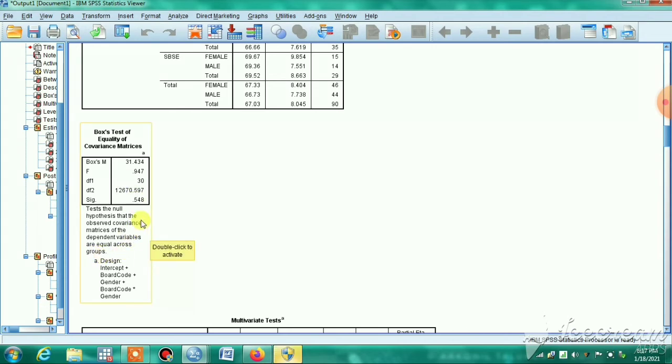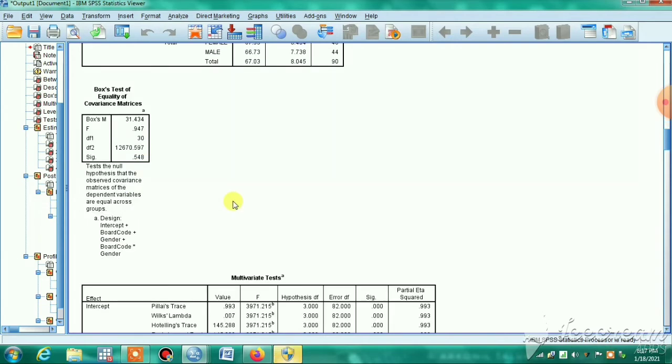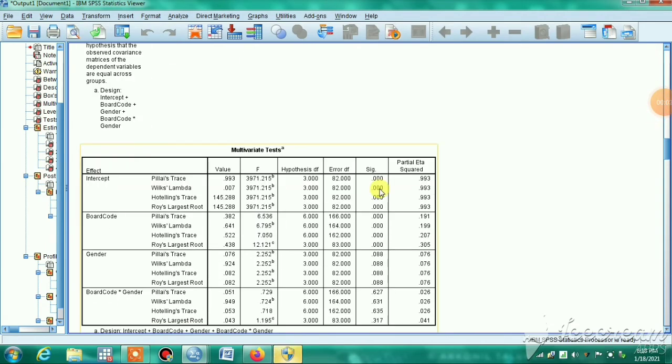We have to accept this because this is the right choice. Had we rejected this, it would create a big problem for our methodology. So remember, always take care about Box's test of equality of covariance. It satisfies our assumptions, that they are equal across the various groups.